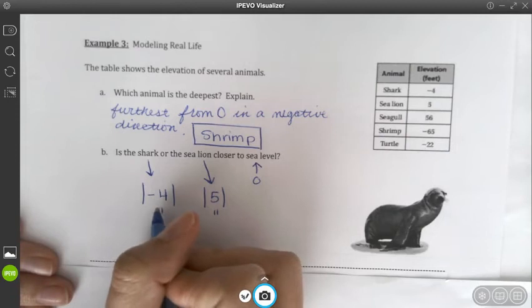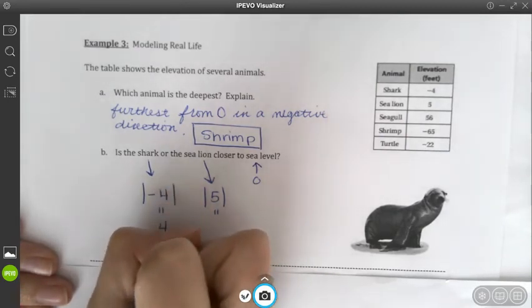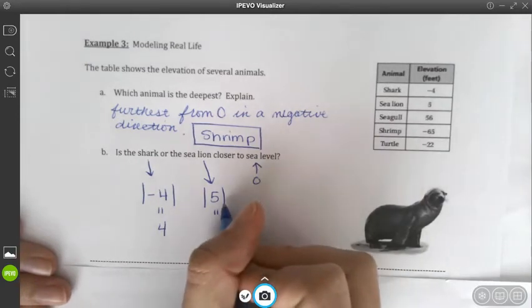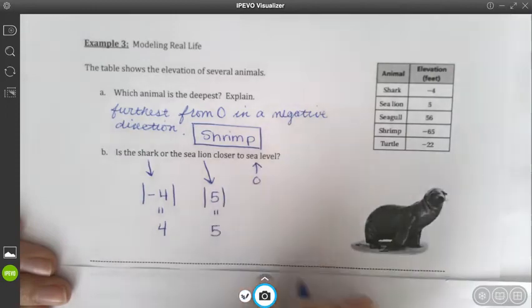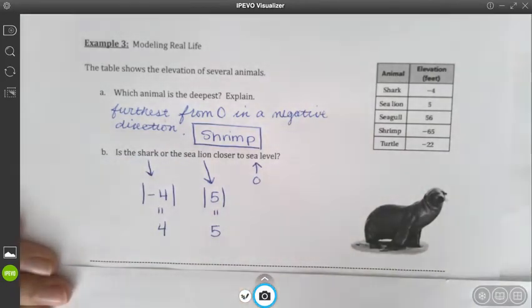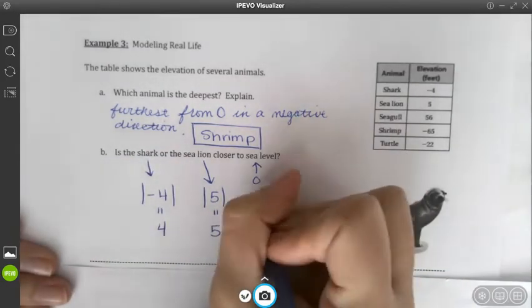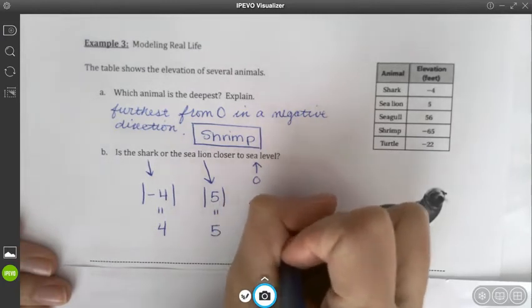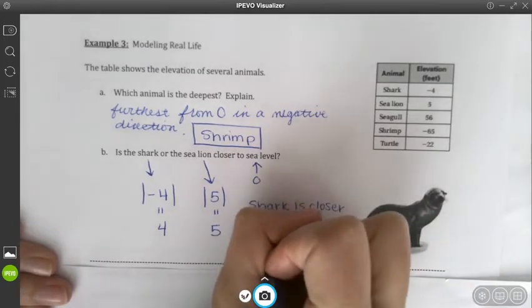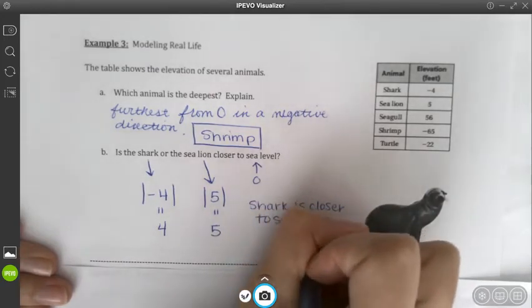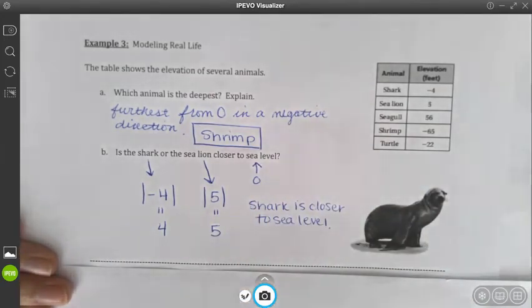The absolute value of -4, the distance -4 is from 0, is 4 units. And the absolute value of 5, the distance 5 is from 0, is 5. So is the shark or the sea lion closer to sea level? The shark is closer to sea level because 4 is closer to 0 than 5.